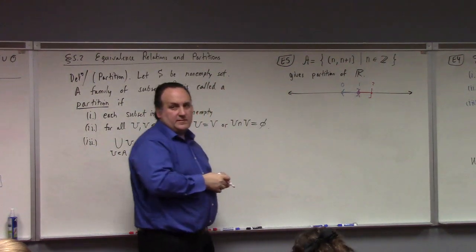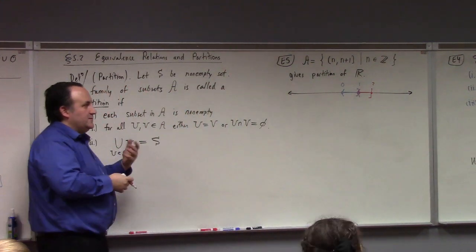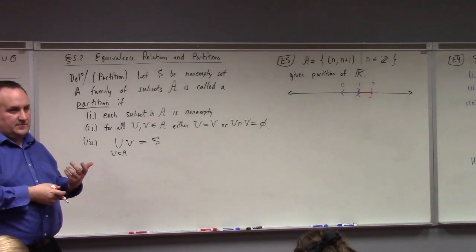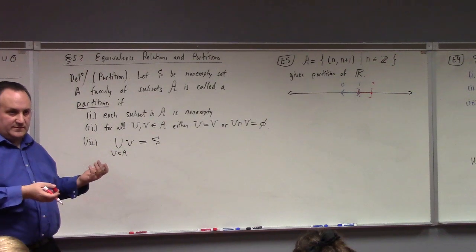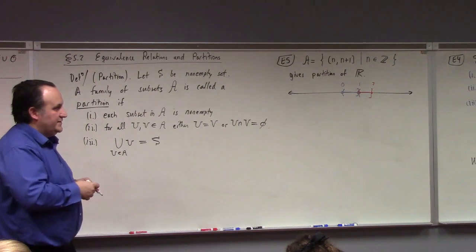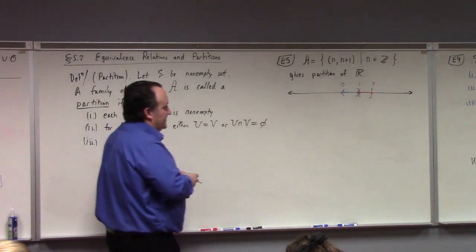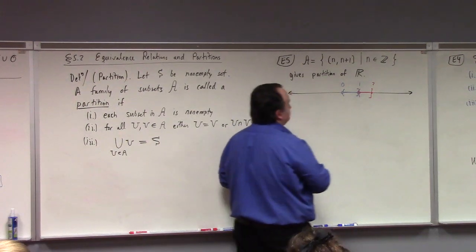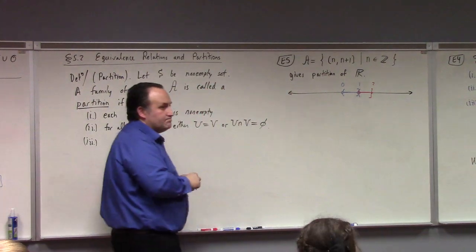It's pretty clear. We can prove that if you take two subsets in the partition, they're either equal or disjoint. If we take distinct subsets of the partition, it's fairly obvious that they're disjoint. Do you agree?